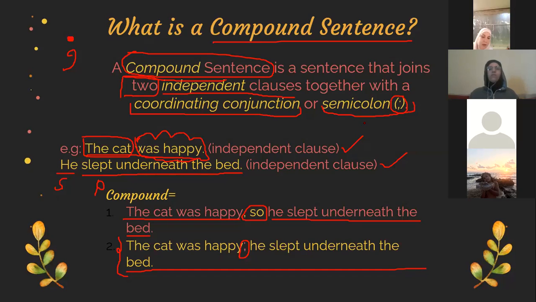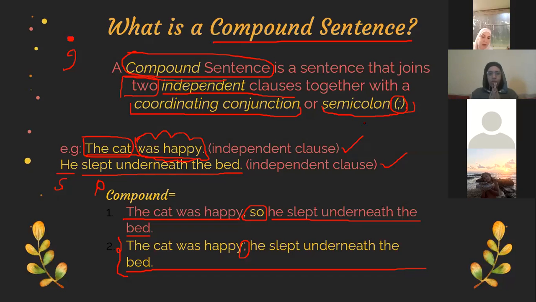Okay, so let me sum up everything. We said at the beginning that when I have one subject, one predicate, one idea, I have an independent clause that makes a complete sentence, or we call it a simple sentence. One independent clause equals one simple sentence. What about the compound sentence? The compound sentence is made up of two independent clauses joined together.